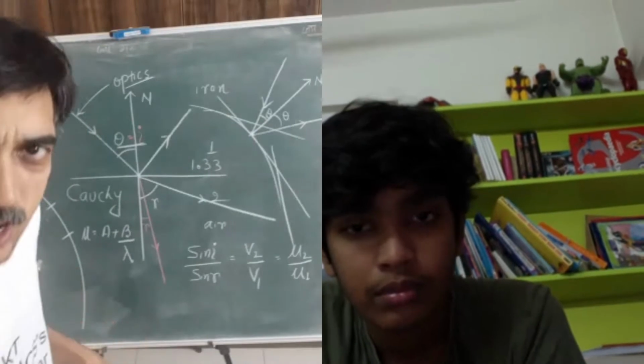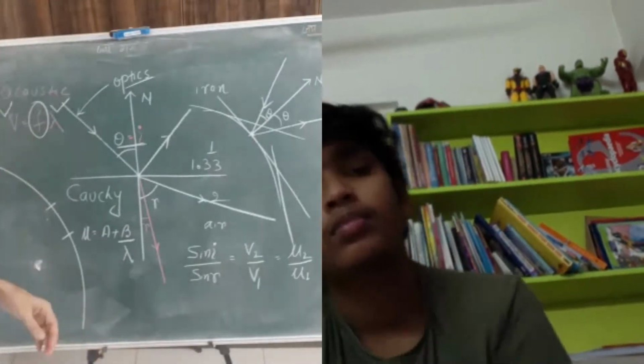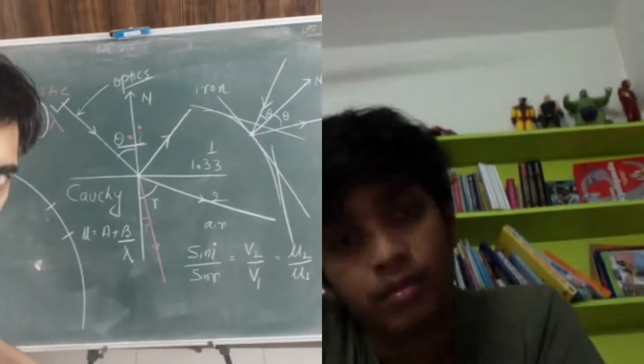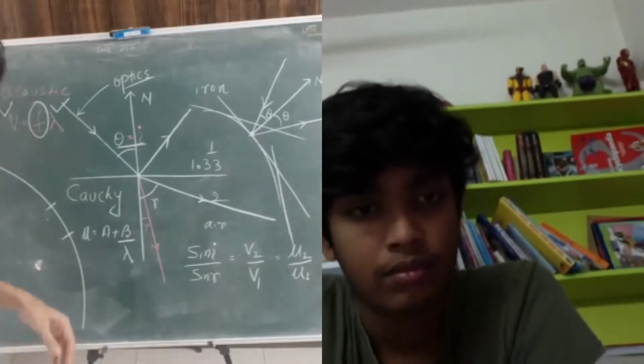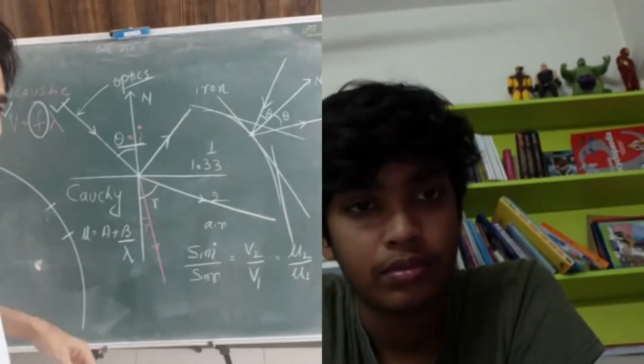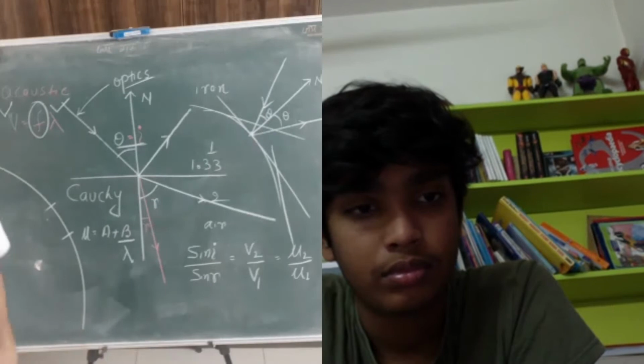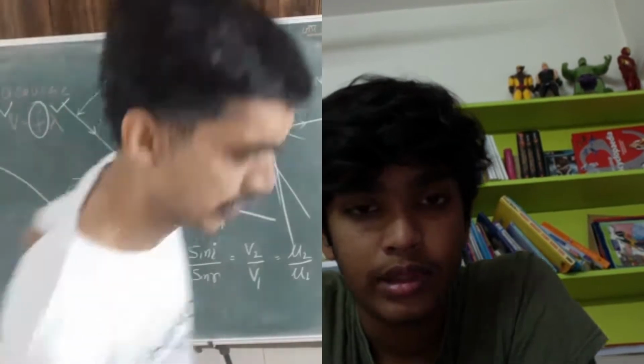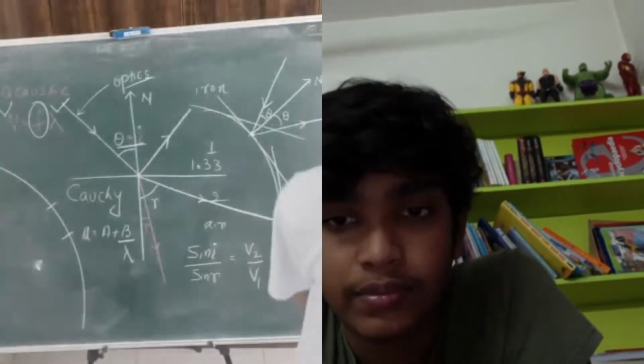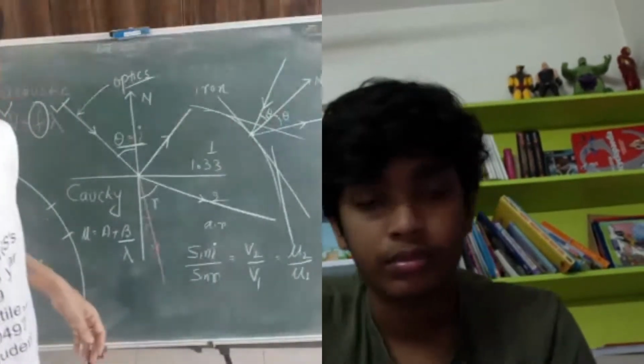If you have changed red light to orange light, will I read mu of glass the same? No. Or is mu subject to lambda? What do you say, Rishabh? It is subject to wavelength. Good. Mu is subject to lambda.